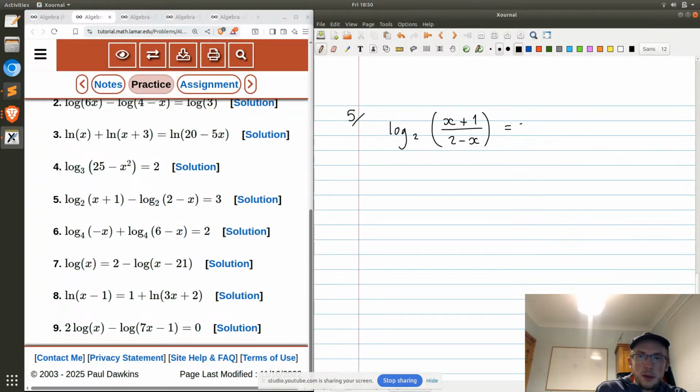Set that equal to 3, just like that. Then do 2 to the power of both sides. Two to the power of 3, well, that would be 8. Then x plus 1 is equal to 8 times 2 take x.